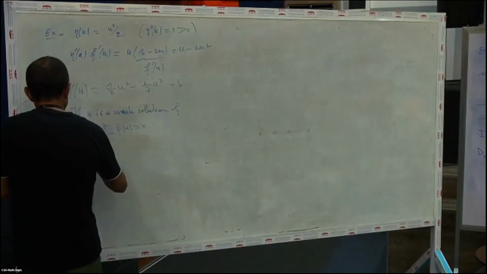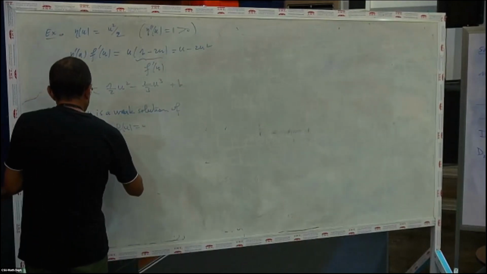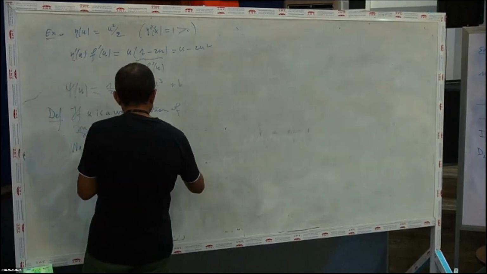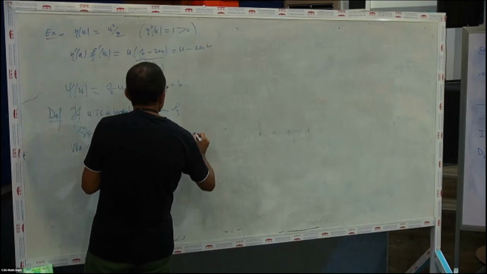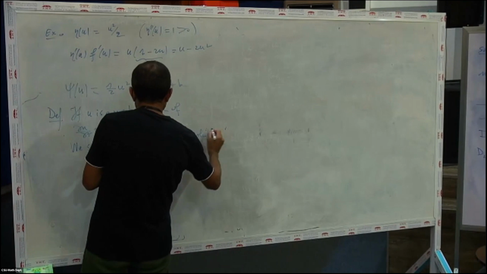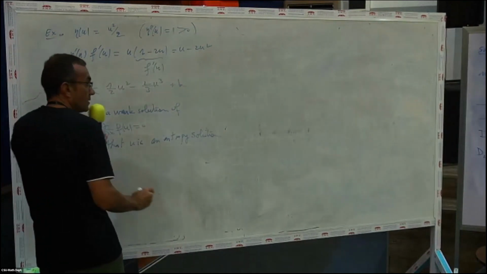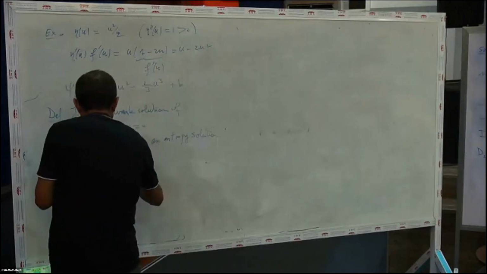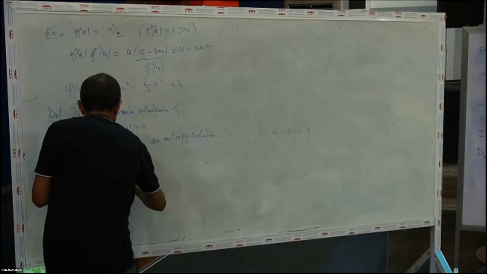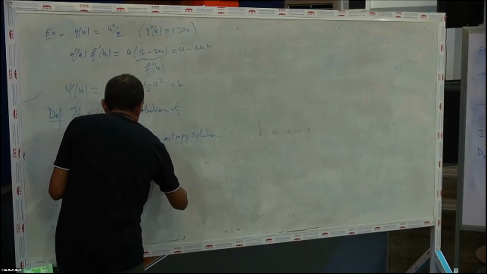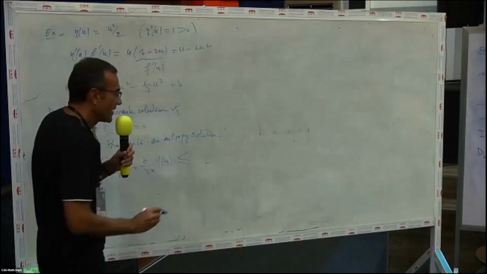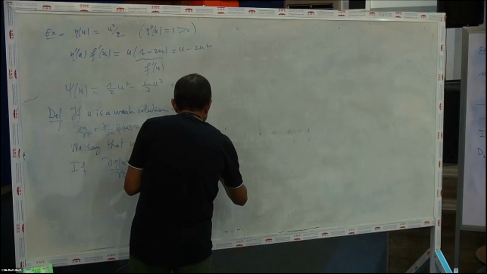We say that u is an entropy solution if the equality that you have seen here, this one, is negative. It's not 0, negative in a weak sense.